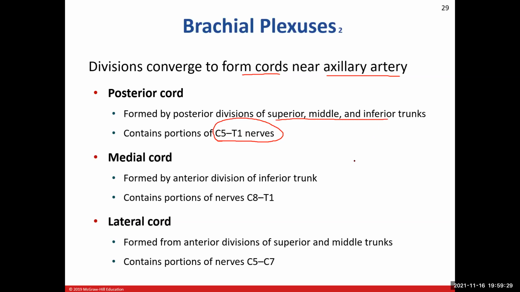The medial cord is only going to get contributions from the anterior portion of the inferior trunk, and that's going to include C8 and T1. Then our lateral cord is going to get contributions from the anterior divisions from both the superior and middle trunks, and that's going to include C5, C6, and C7.